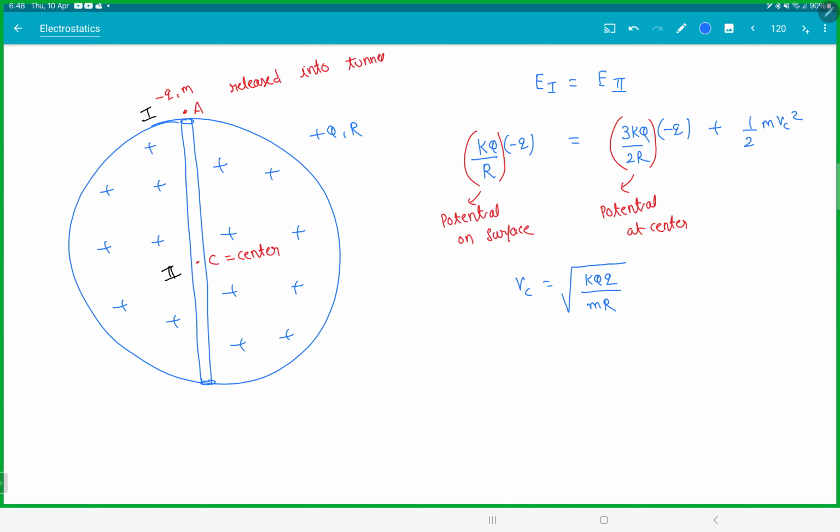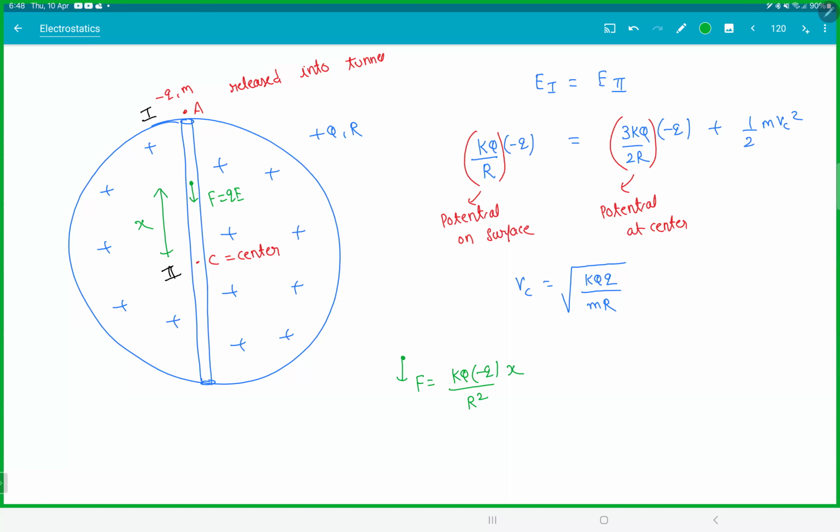What about the time? If the particle is somewhere here, the force acting on this will be q into E. Let's say this is at a distance x. So look at the particle, the forces. So force will be the field, which is kq minus q by r square into x.